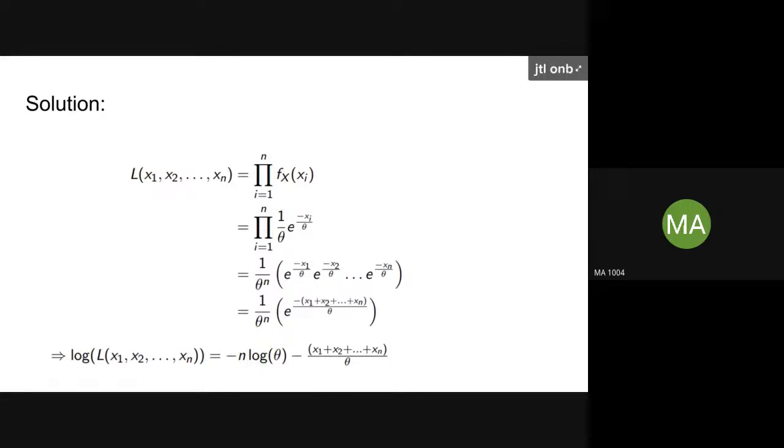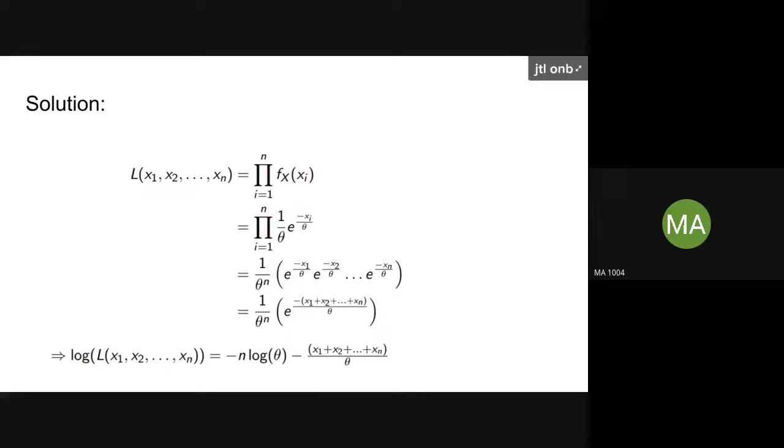So for finding the maximum likelihood estimate, we need to get the likelihood function, and the likelihood function is the product of the densities. The density function here is 1 by theta into e power minus xi by theta.